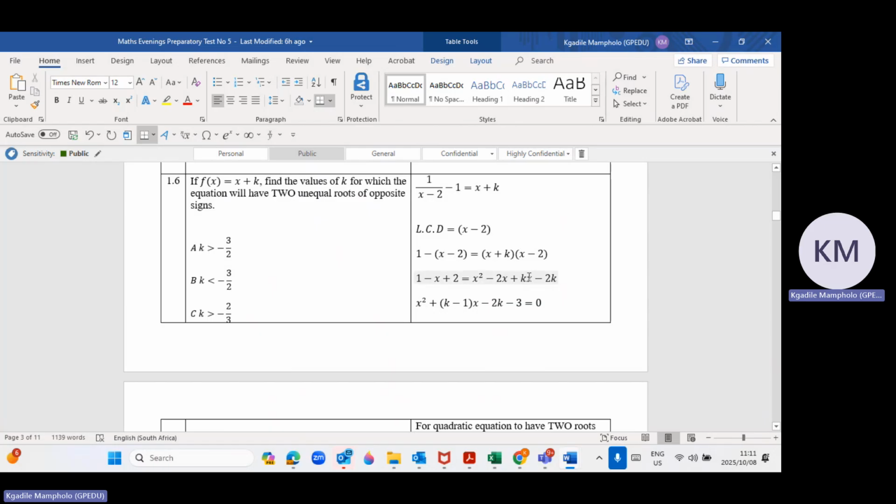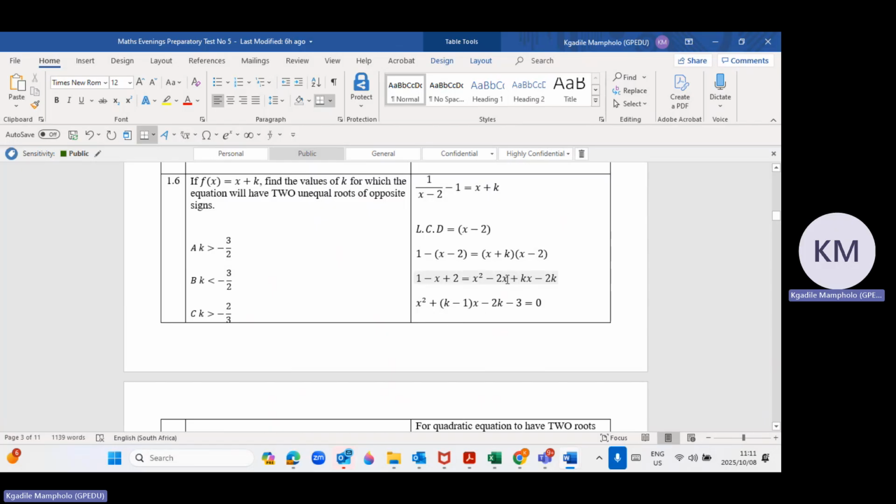Then what you will do in this case, you will say, if you take negative x to the other side, it will be positive. Negative 2x plus x will be negative x. Then when you take x as a common factor, you have k minus 1. The reason you are doing this is you want to write the equation in the form of ax squared plus bx plus c.